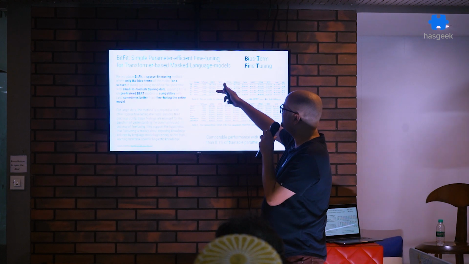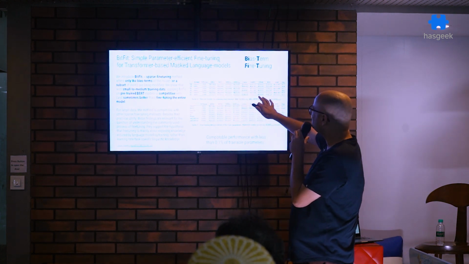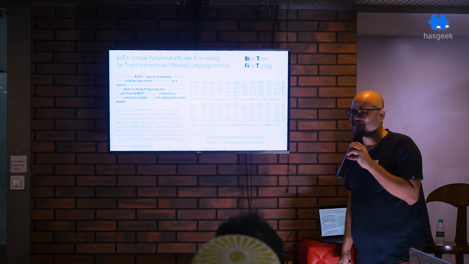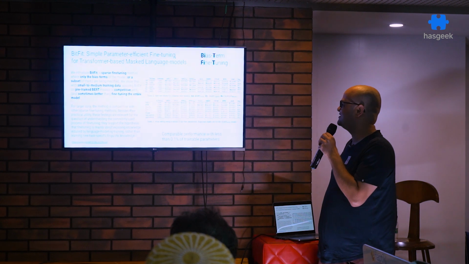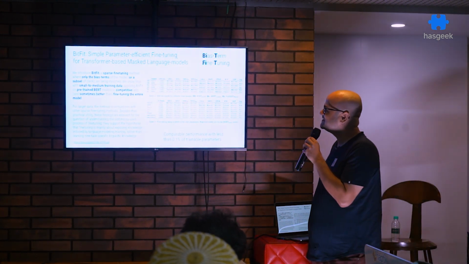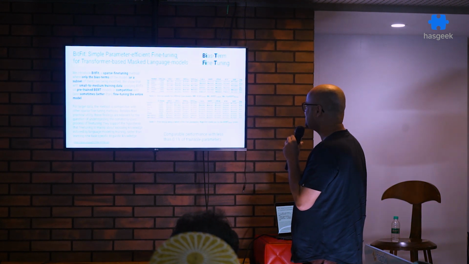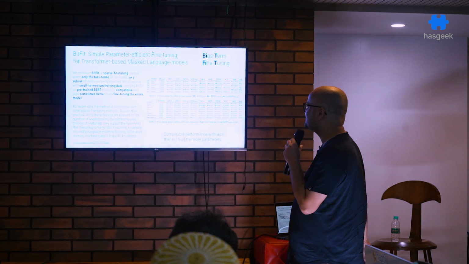It is fairly close, almost everywhere, and in some cases is actually better than full fine tuning. Right. So you might ask why that could be. That is a deeper question we might go into at the end of this talk. But this is pretty fantastic, right?